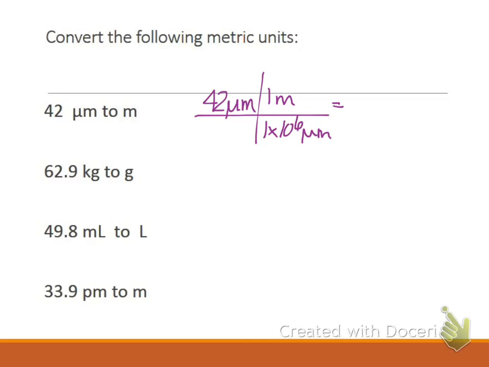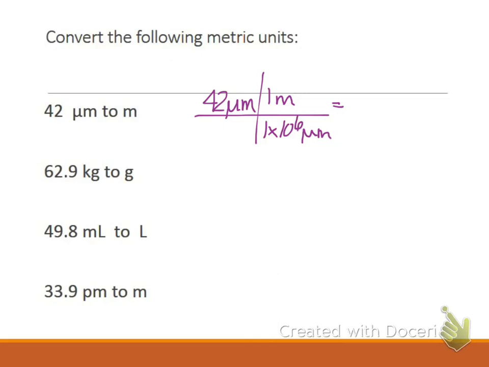When you're dividing by that, you're going to have to put parentheses around it. Otherwise, it's taking the 42 divided by 1 and then multiplying by 10 to the 6. So do 42 divided by open parentheses 1 exponent 6 close parentheses, and now you should get the right answer.